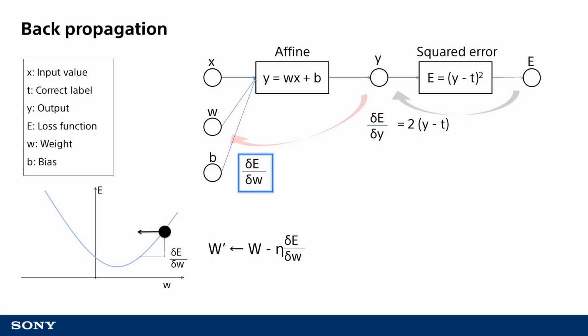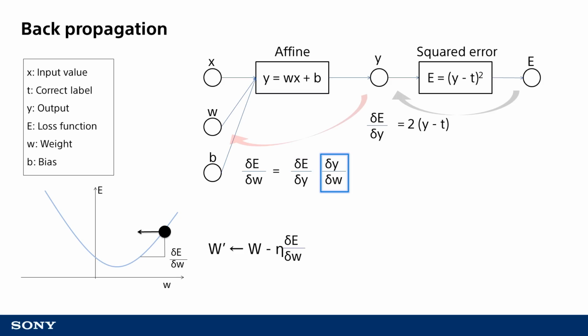Next, the gradient of W is obtained from the gradient for y. It can be broken down in this manner. Using a technique that is often used in the differentiation of composite functions, we divide the gradient of w into two parts, the gradient of y and the result of differentiating y for w.